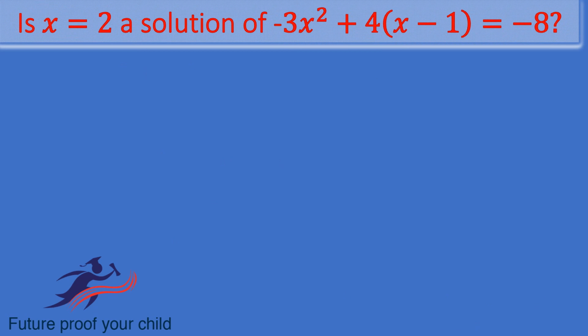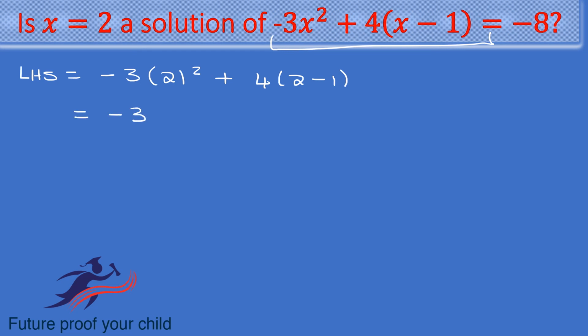So let's see if this one works. So let's go left-hand side. So here's my left-hand side. So we go negative 3, replace the x with a 2, squared plus 4 times 2 minus 1. And let's see what happens. So I get negative 3. 2 squared is 4, plus 4, 2 minus 1 is 1. Negative 3 times 4 is negative 12, plus 4.